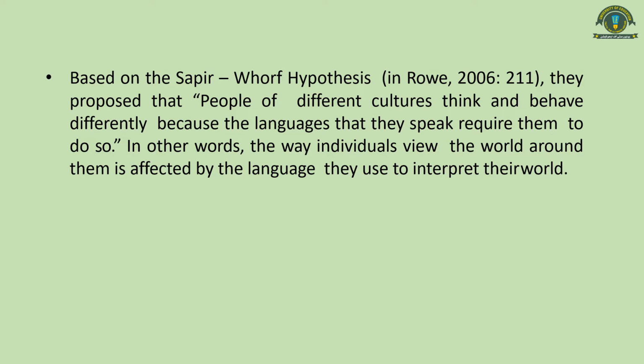As they change their language, the culture is also changed. They become more modernized, or even more globalized. So in other words, the way individuals view the world around them is affected by the language they use to interpret their world.